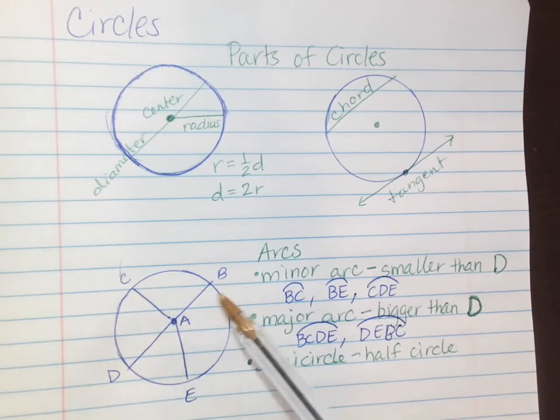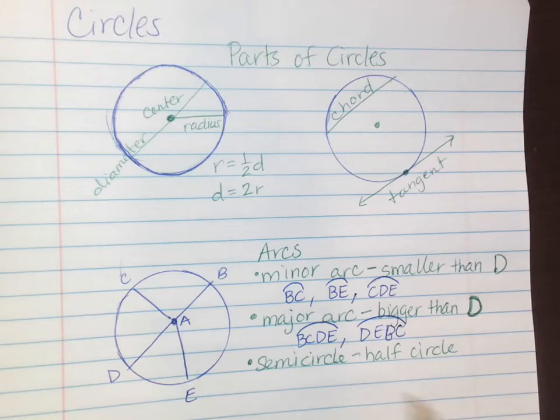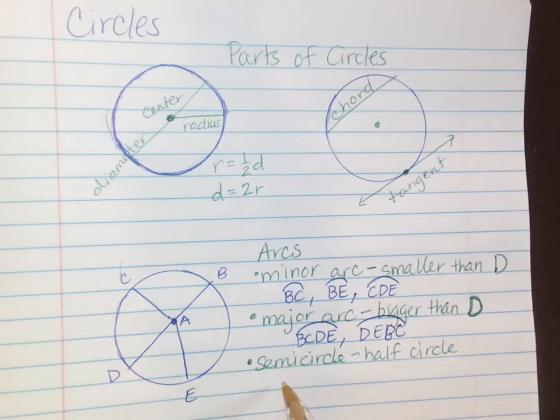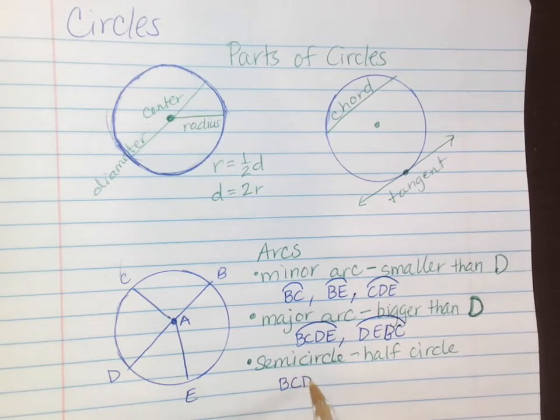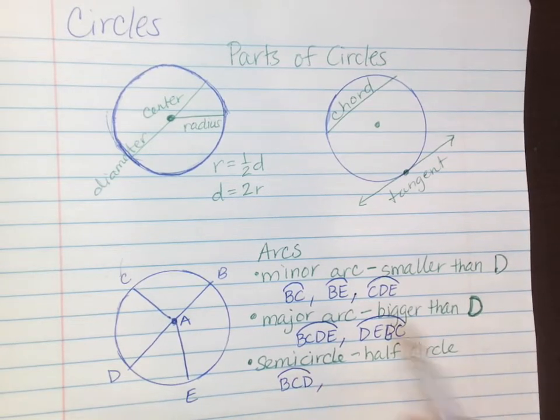You can go this way or you can go that way. But that's a semicircle, so we can say BCD, or we could even go that way, DEB. And sometimes there's more than one. It just depends on the diagram you're given.